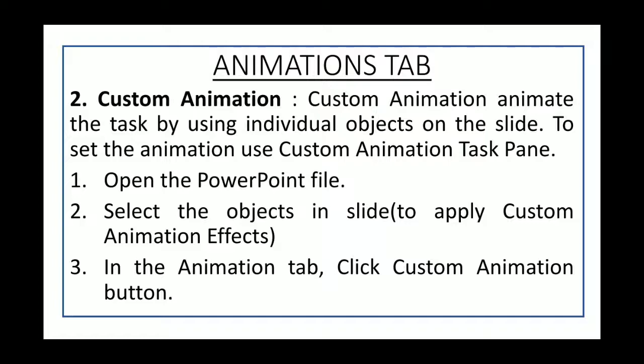Okay, the steps are: first, open the PowerPoint file. Then select the objects in the slide. You have to select the objects from each slide. Like if the first slide has two or three objects, then select the first object and you can apply custom animation effects to that particular object of the slide.